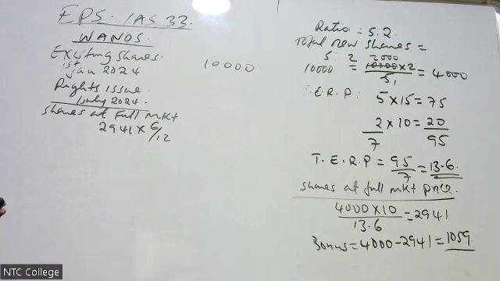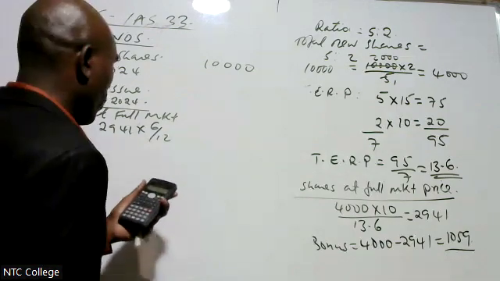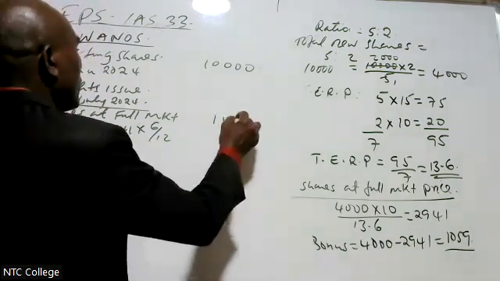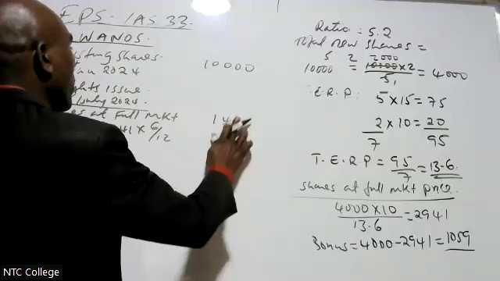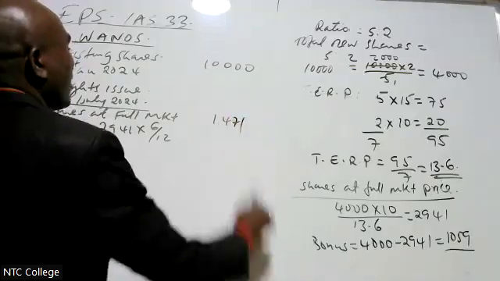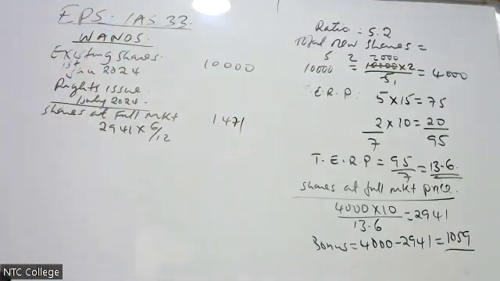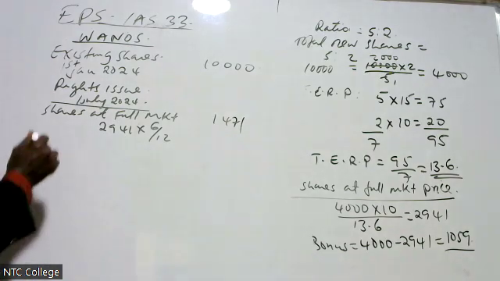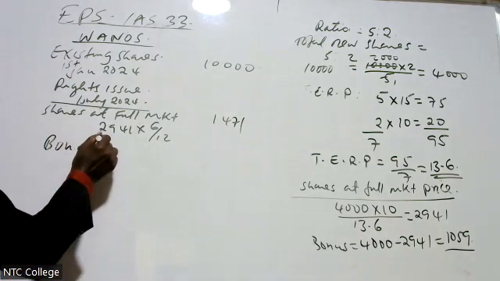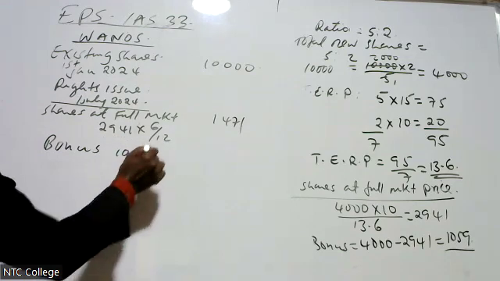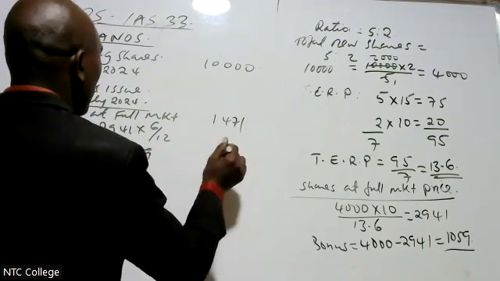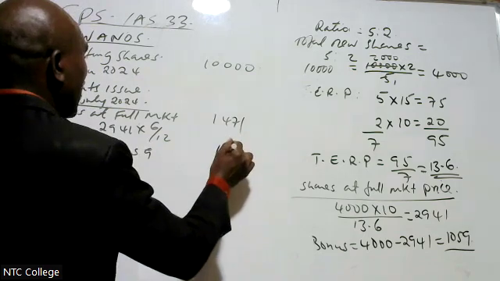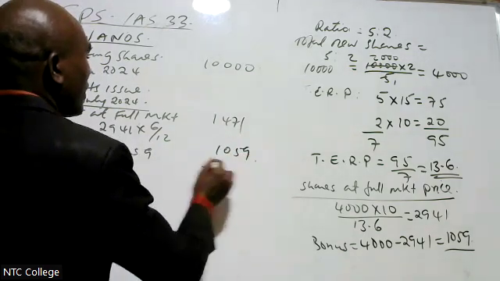I'm getting 1470.5, just round off to 1471. Then my bonus was 1059. I don't weight. Therefore, I just write 1059 there.